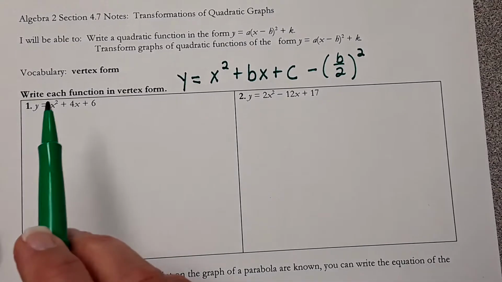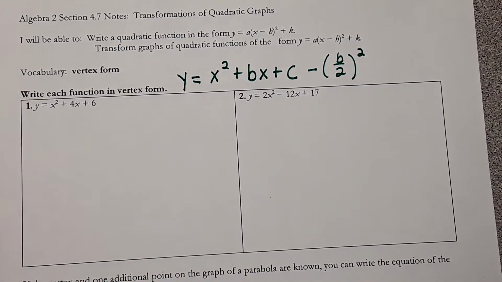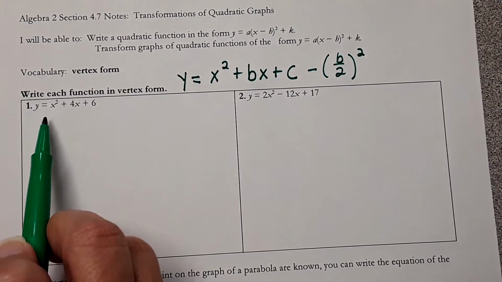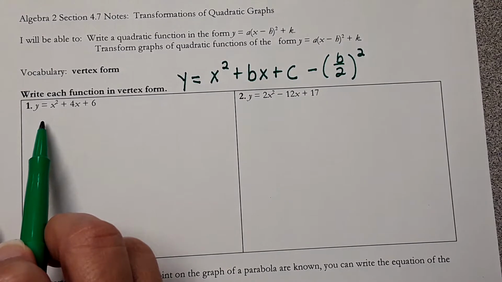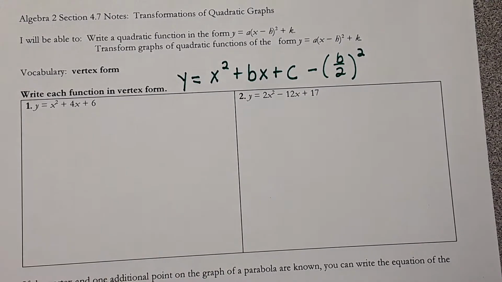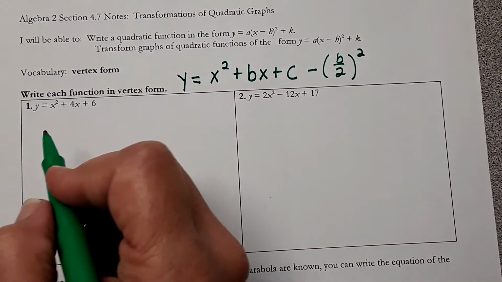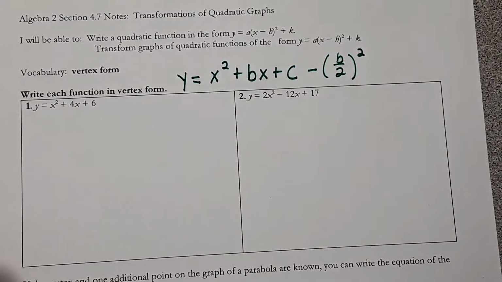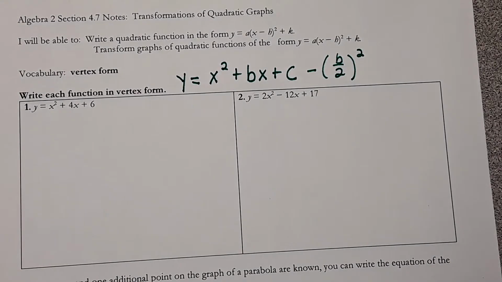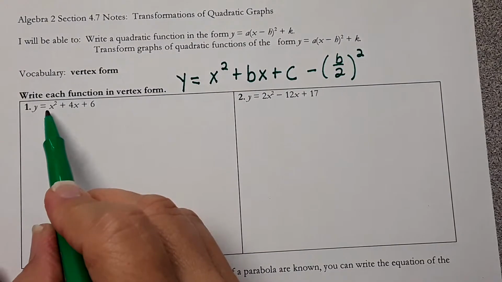So the first thing that we have to do, just like we did with completing the square, is check a. Perfect, a is 1.